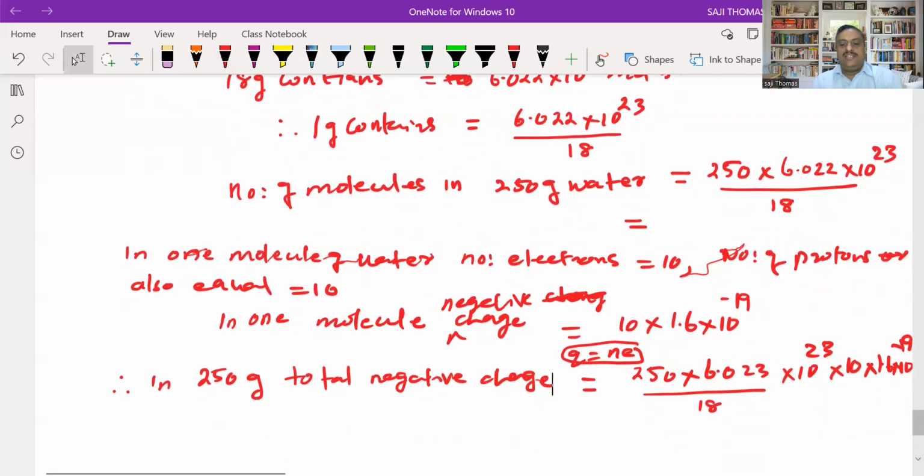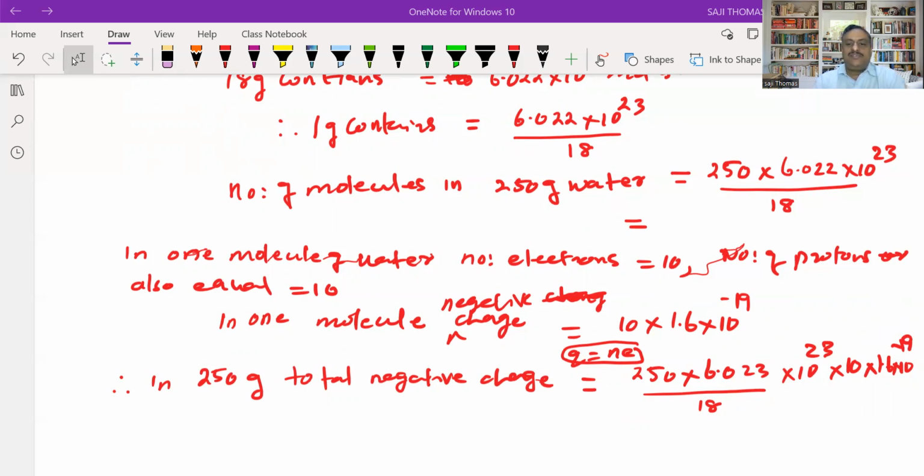When you calculate this, what will be the answer? You have to calculate the answer. You will get the answer 1.34 into 10 raised to 7.